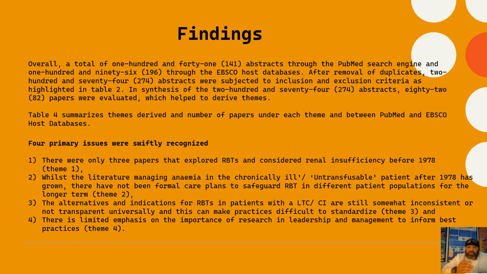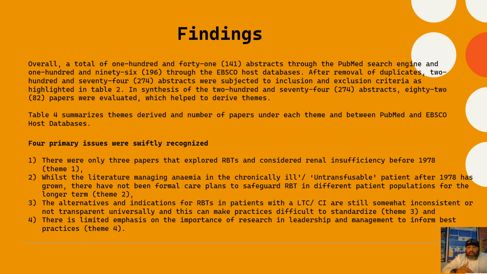Number 2 was that the literature managing anemia in the chronically ill and untransfusable patient after 1978 has increased or grown. There have not been formal care plans to safeguard red blood cell transfusion use in different populations for the longer term.